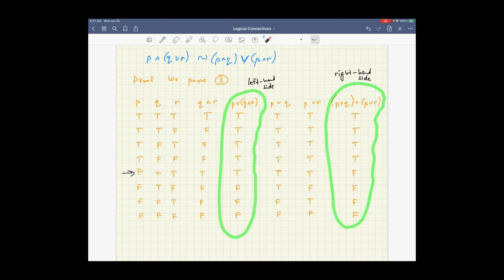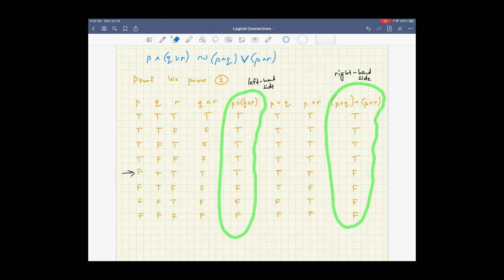So Q and R returns true in this case. P or Q and R returns true. P or Q returns true. P or R also returns true. And then the AND statement of true and true should also return true.